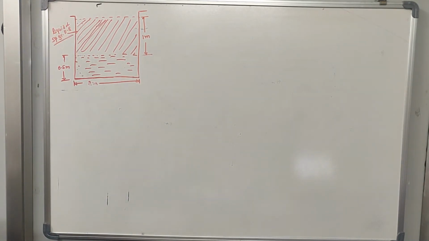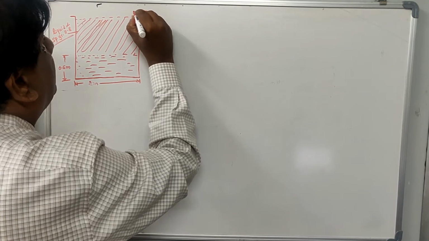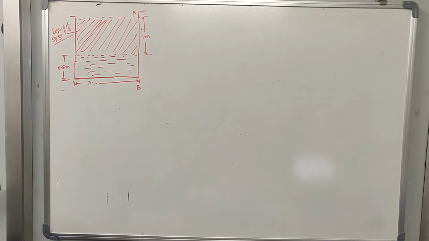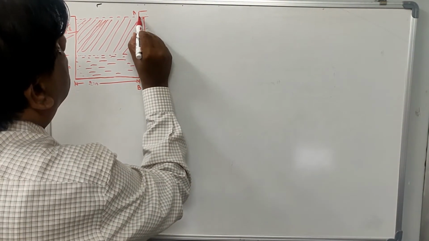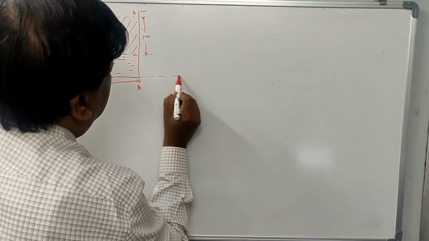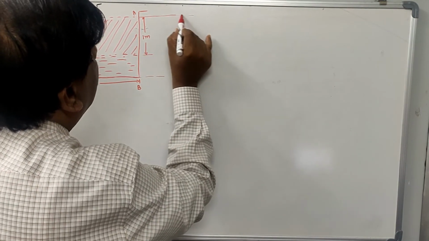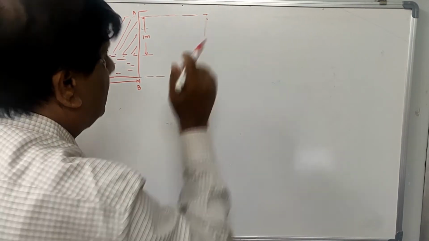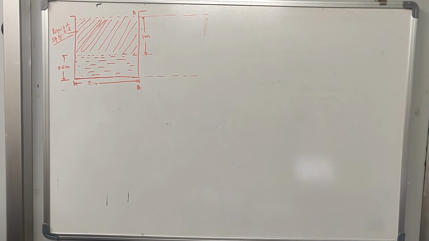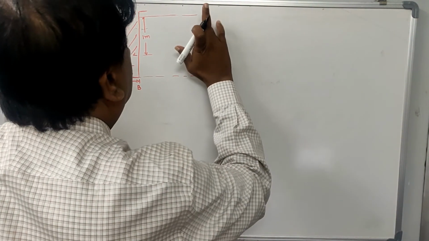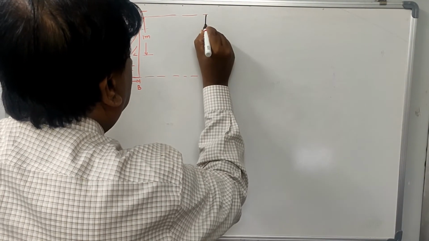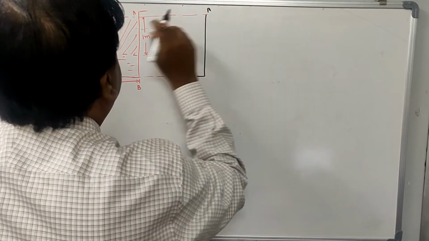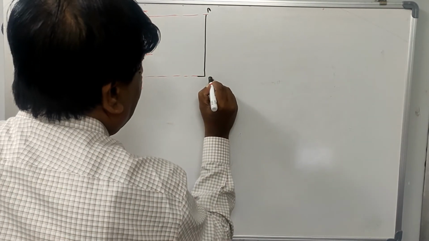Let us take this as A, B. So this is the vertical projection of the side AB of the tank.